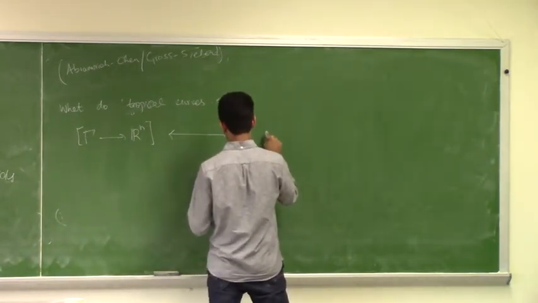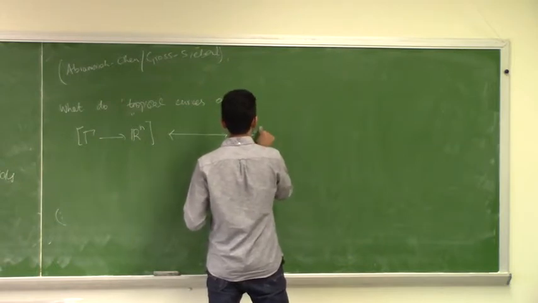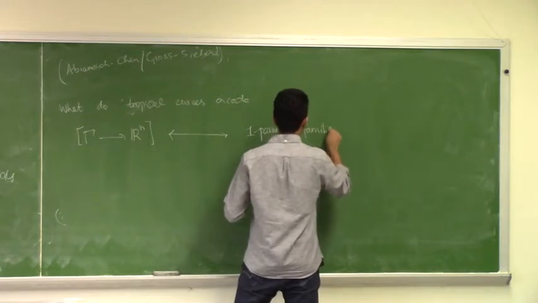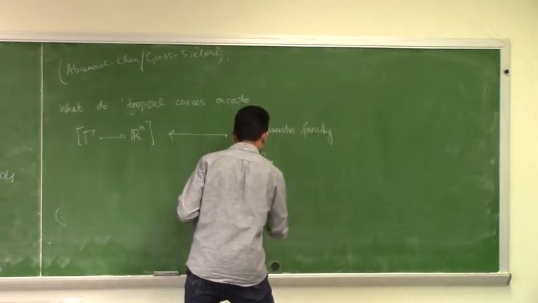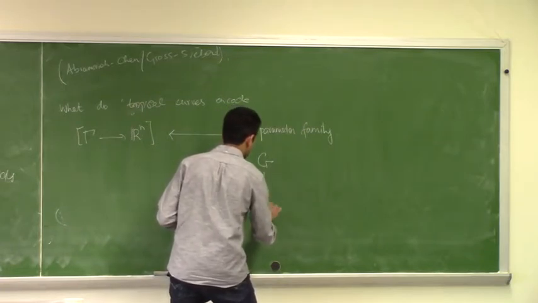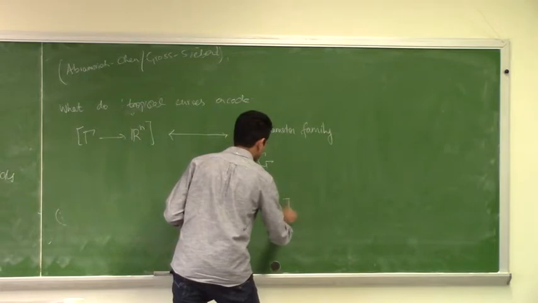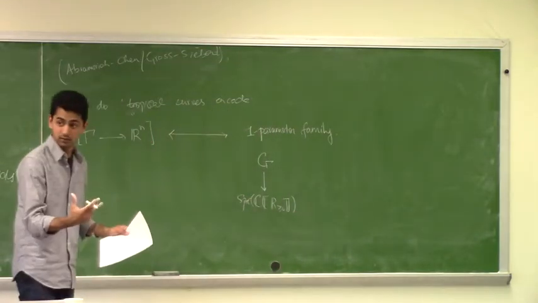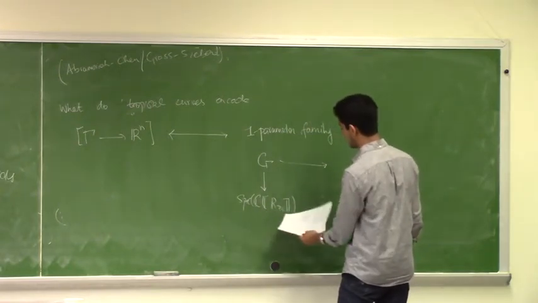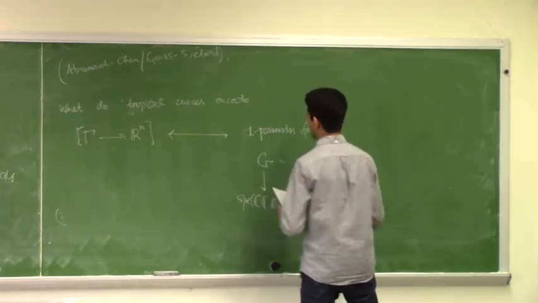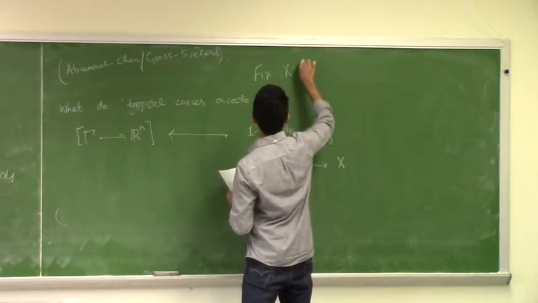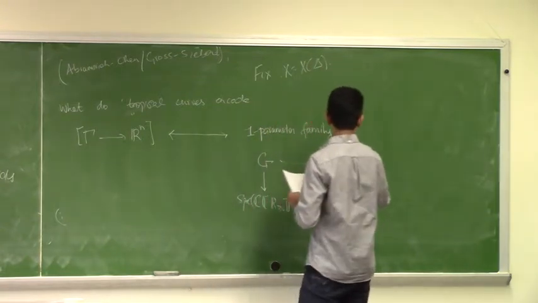To every tropical stable map, there's a one-parameter family of maps C_gamma over Spec C double bracket R positive, so a little non-Noetherian disk, just because I can make this as large as I want. Take this to be the formal power series if you want, to X. And we're fixing X equals X_delta throughout.